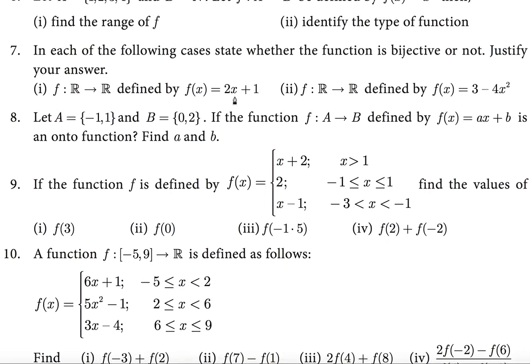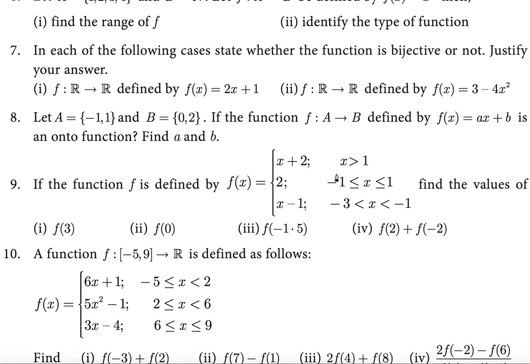If you can show which real number you cannot get, then it is not a bijection. If you substitute all the real numbers, will you get all the real numbers using this function? That is the test.